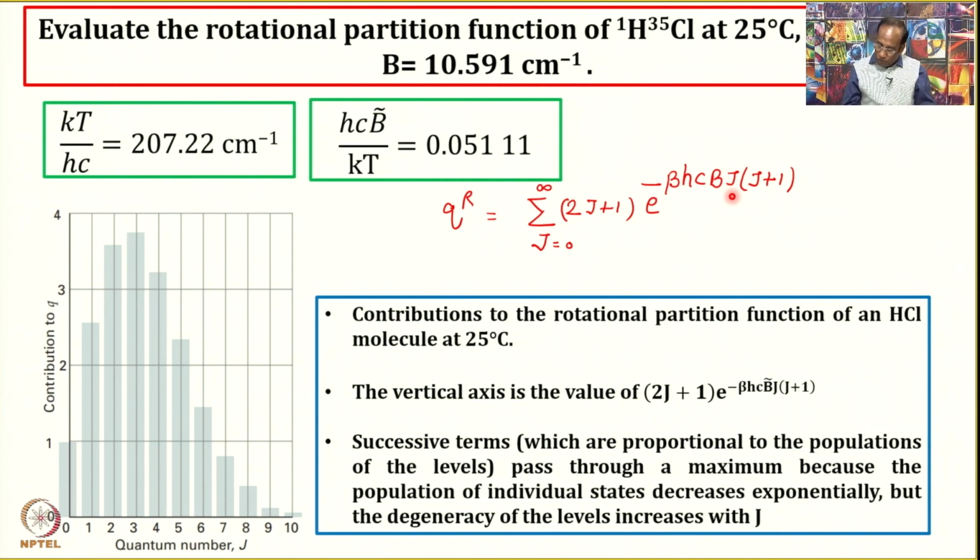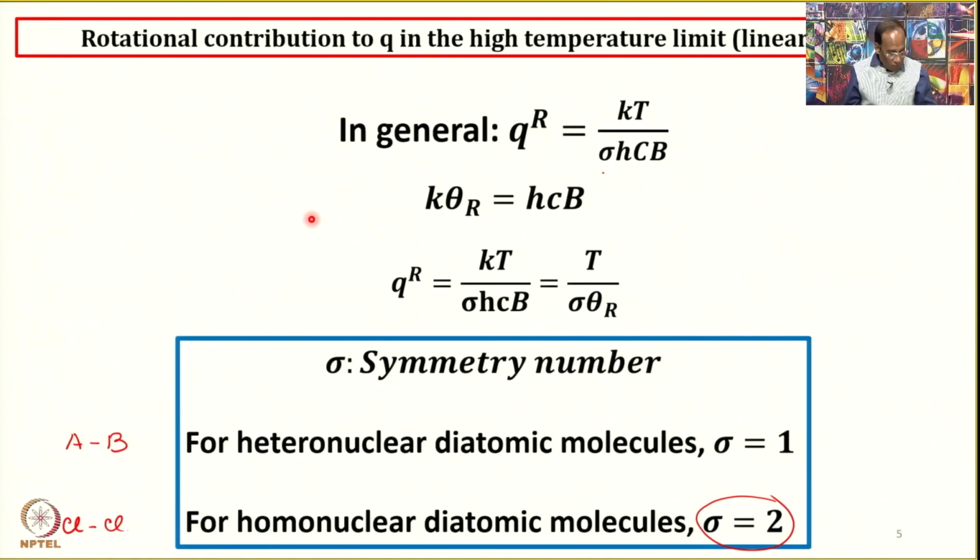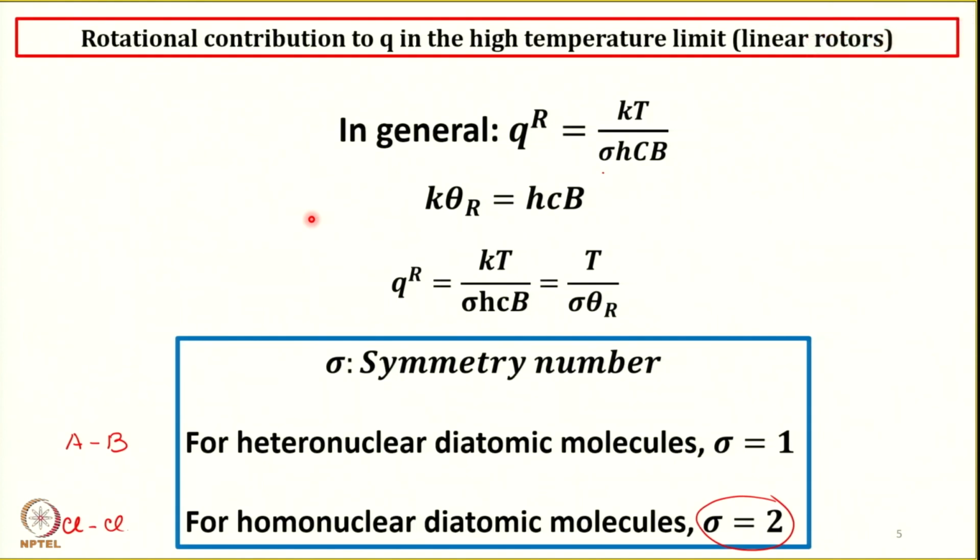What we have discussed here is the result based exclusively on direct summation and not using the high temperature limit. The high temperature limit result is given by this expression, where in general we write the rotational partition function equal to kT by sigma hcB.